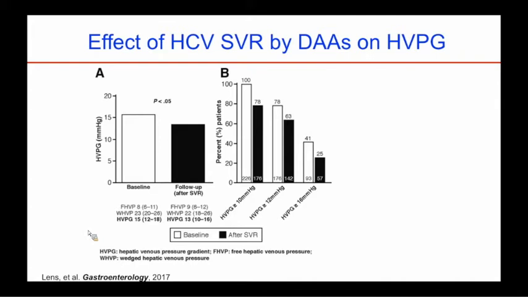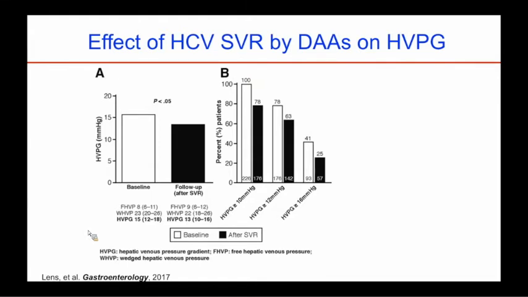Of the 78% who had an HVPG of greater than 12 rather than 10, it went from 78 to 63%, and of the patients who had an HVPG of greater than 16, really patients who are at significant risk for variceal hemorrhage and mortality, 25% of the 41%, or 57 out of 93 patients, still had clinically significant portal hypertension.